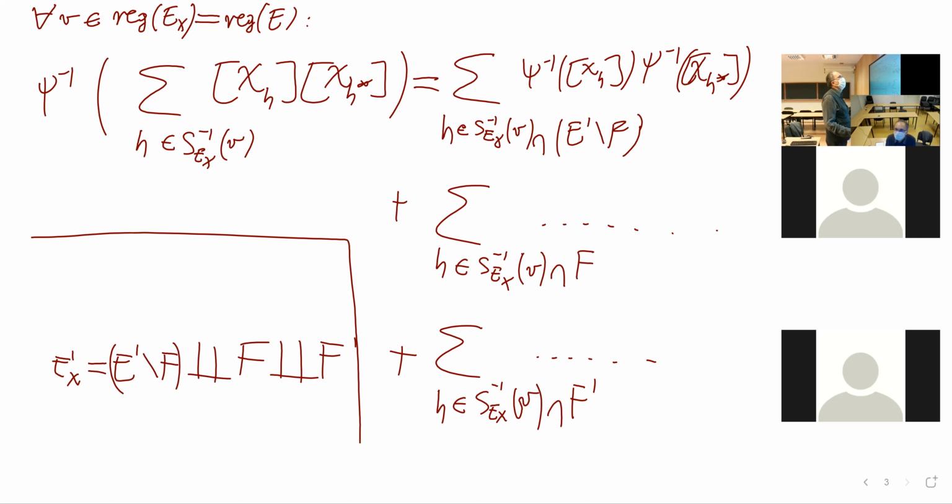So I can simply erase this psi inverse with the understanding that now these are the equivalence classes in the relative Cohn algebra. As long as your H is in here, this is the formula for psi inverse applied to these guys.